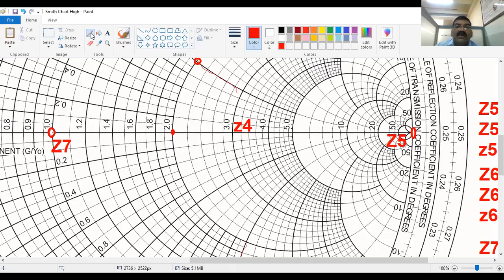So what I'll do, I'll draw the line. This is 3.2, this is 3.4, this is 3.6, this is 3.8. My line will be in between here, what I'm drawing.